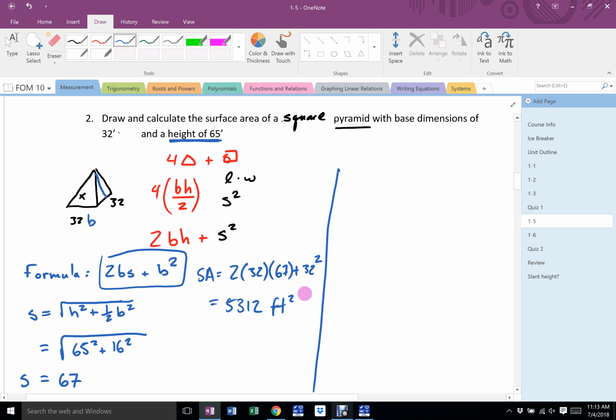Feet squared. Now, the question becomes, if you showed me that, am I happy? Yeah, because if you get to there, that shows me you know what you're doing with this concept. But if you didn't get that, that shows me you're not very good at either bad math or you're not very good at working your calculator.